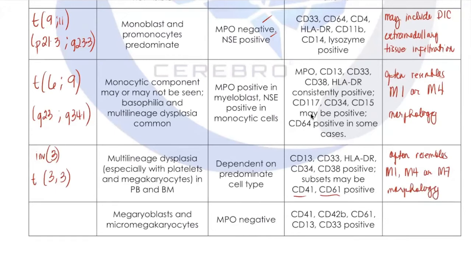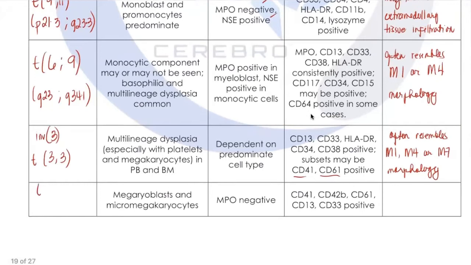Okay? And lastly, we have the translocation from chromosome 1 to chromosome 22, specifically in the P13.3, okay, to Q13.3. Okay? So here, megakaryoblasts and megakaryocytes are the ones that are affected. Therefore, nagiging MPO negative siya. Bakit siya MPO negative?